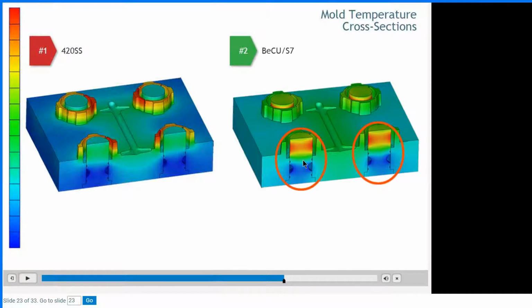And if S7 has a lower thermal conductivity, what will actually happen is you get a very nice temperature distribution through this beryllium copper mold plate, but here's hot and here's cold. What happens? Well, this S7 is now almost like a heat trap. The polymer gives up the heat to the core, but it cannot travel to the waterline so fast that it maintains the heat up here. Amazing. Let's keep going.